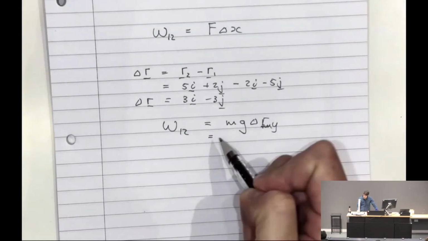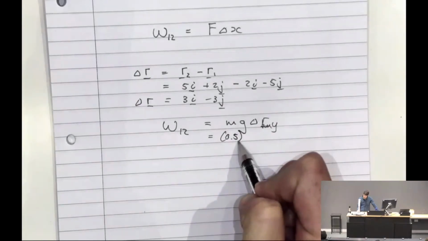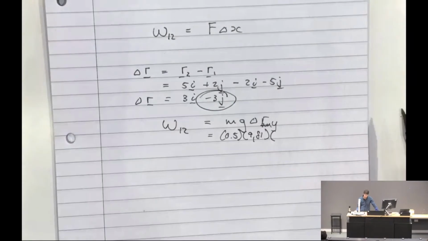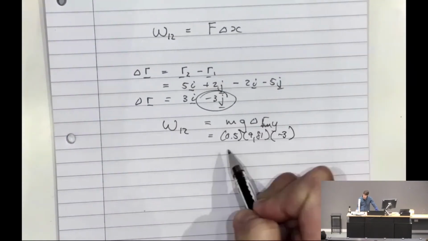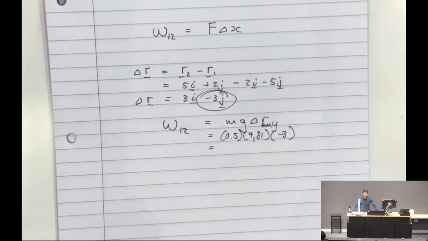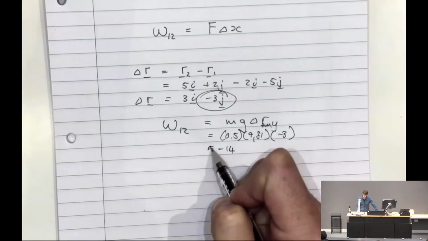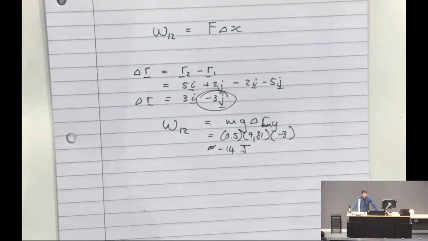So the mass is 0.5 times 9.81 times the y component, which is -3. And that will give you an answer. I don't have a calculator with me now, but it's approximately -14. The fact that it's negative means it's downwards.